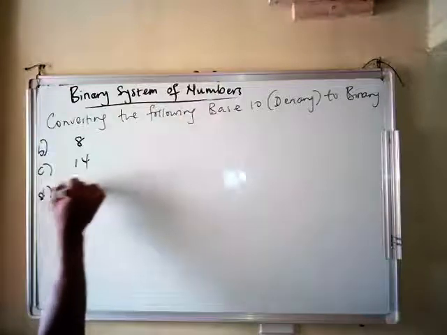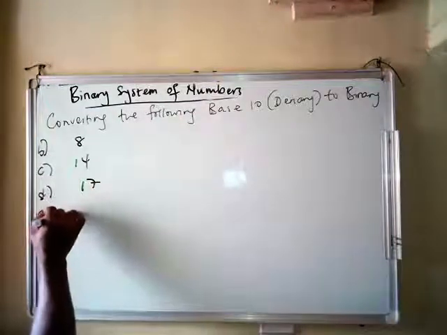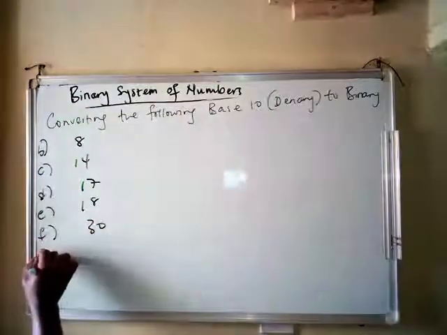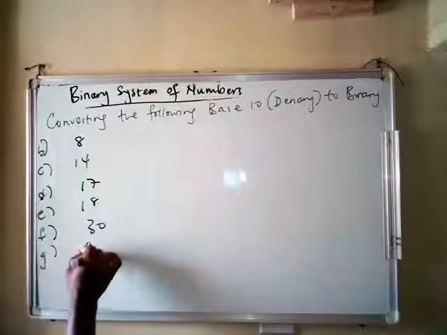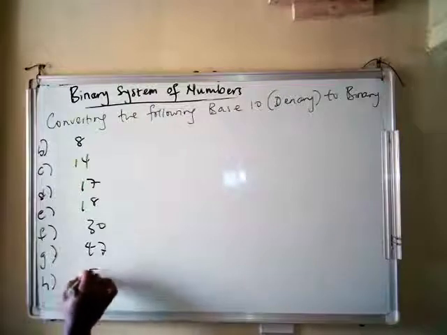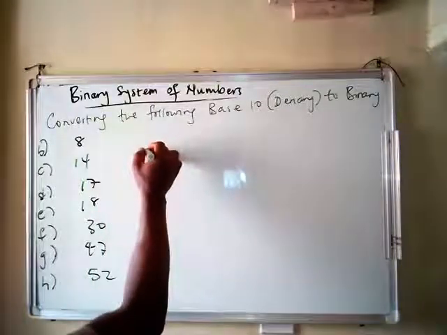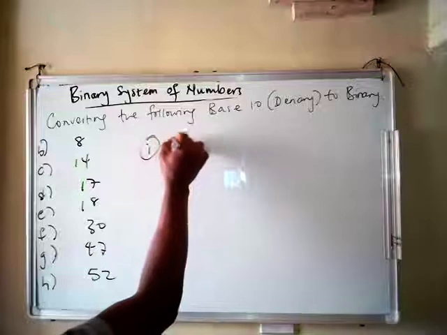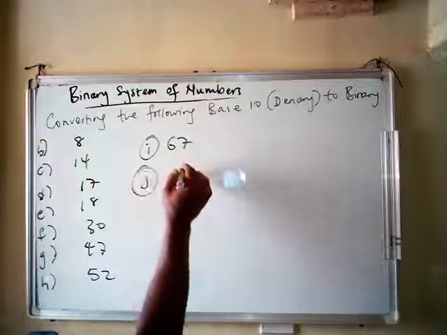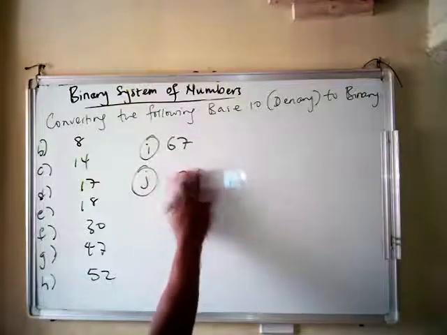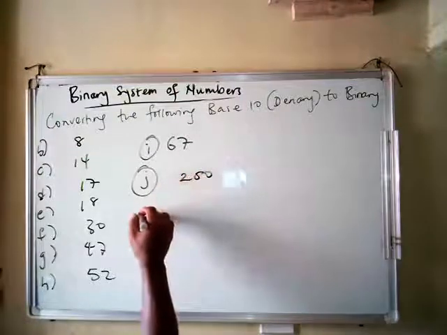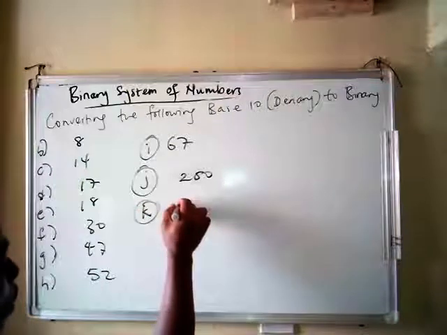So let's look at them. 8, your C you have 14, your D you have 17, your E you have 18, your F you have 30, your G you have 47, your H you have 52, your I you have 67, your J you have 84, which we have done before.